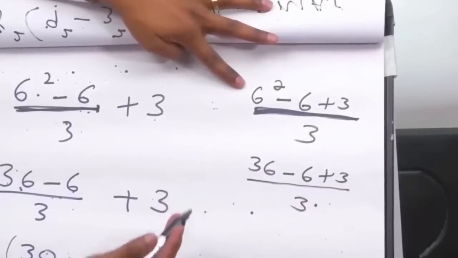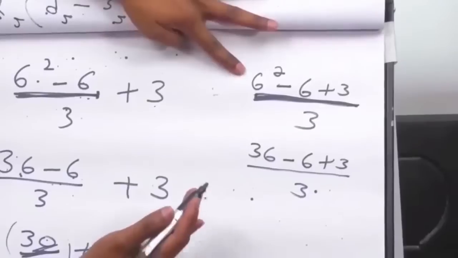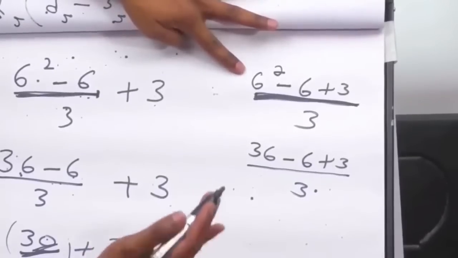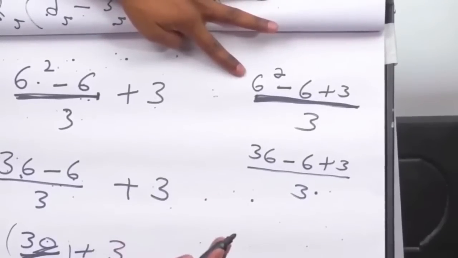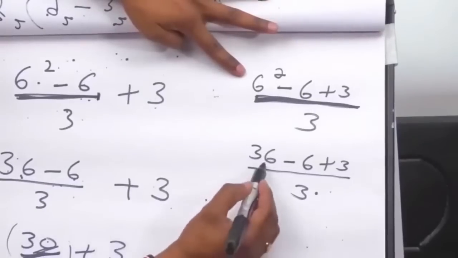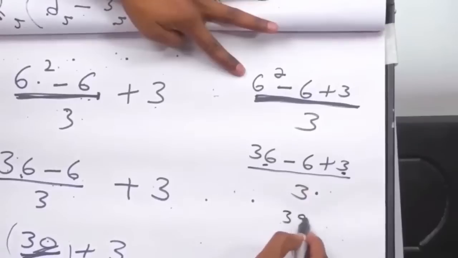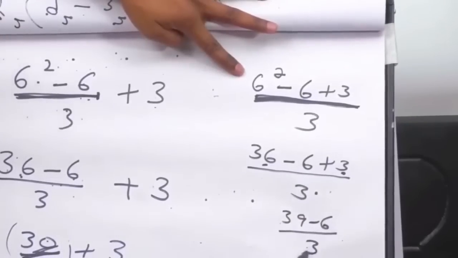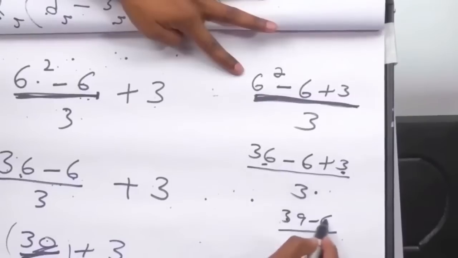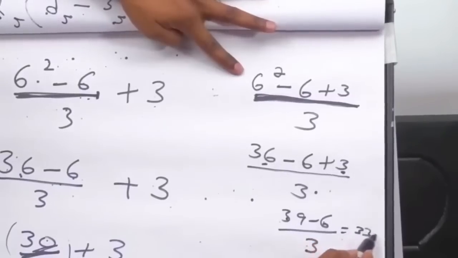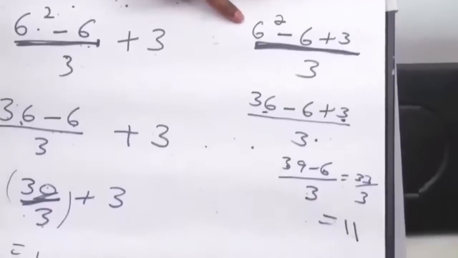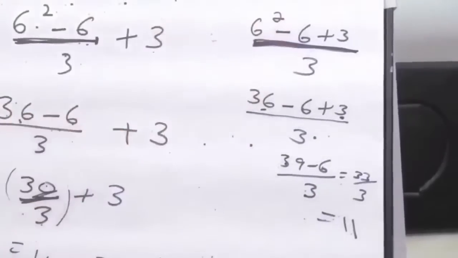Then you use BODMAS. Bracket is not there, of is not there, division is not there, multiplication is not there, addition. Therefore, you add 36 plus 3. You get 39 minus 6 divided by 3. So 39 minus 6 is 33. Divide by 3, you get 11. This and this are totally different.